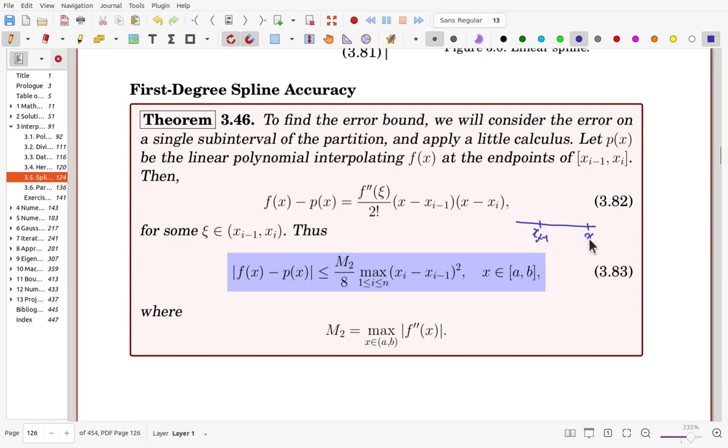x_{i-1} to x_i, and x is somewhere in here, so that this distance and that distance will be a constant, already decided.